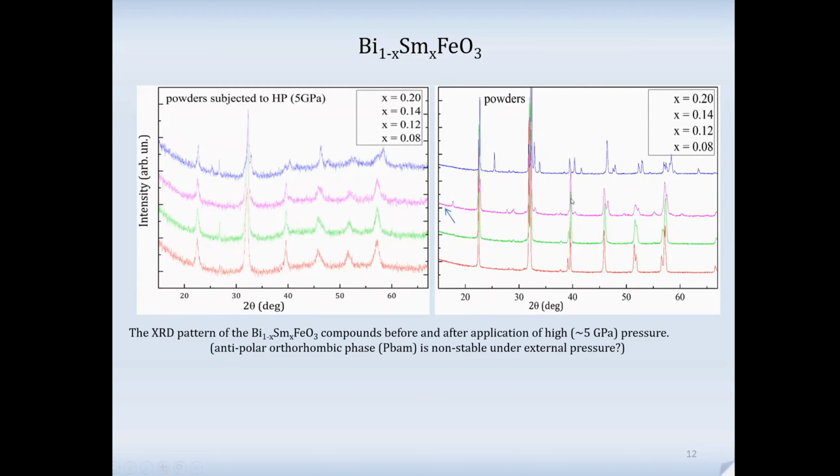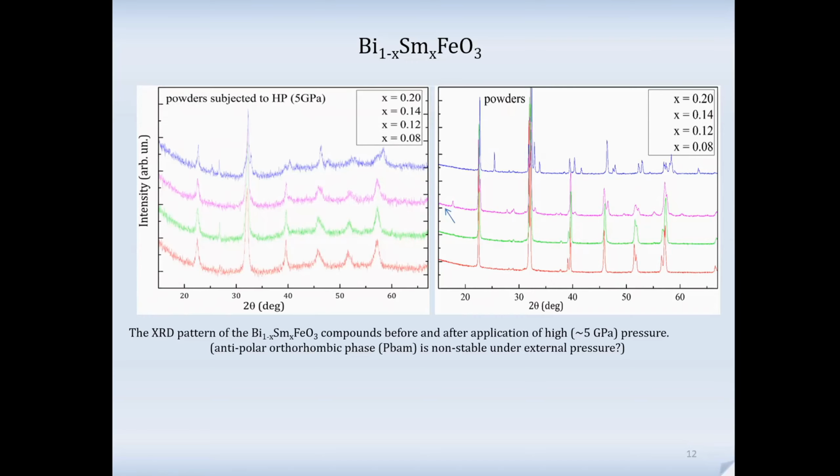And this is interesting. The question arises whether we can destroy this intermediate phase, because the antipolar orthorhombic phase is considered as intermediate between two more stable phases, the non-polar orthorhombic and the polar rhombohedral. In between, in terms of concentration and temperature, we have this intermediate or bridge phase.